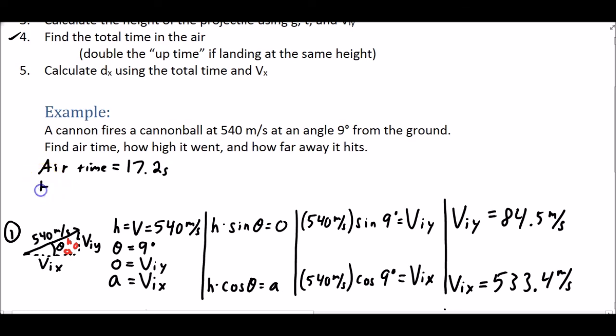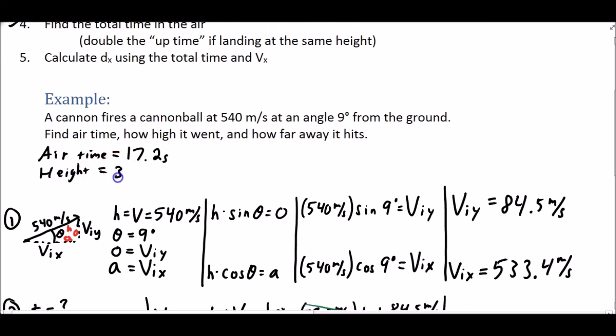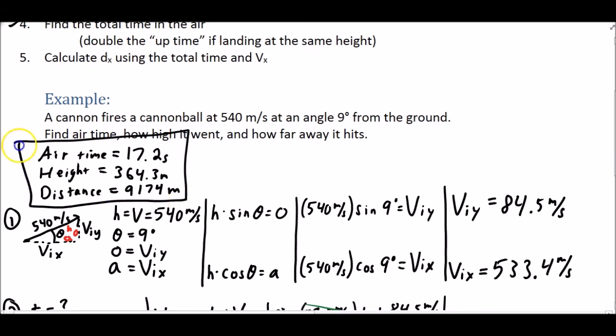So we could just say height, 364.3 meters. And how far away it hits, that's our dx. So we could say our range, our distance, and this is our actual final answer here.